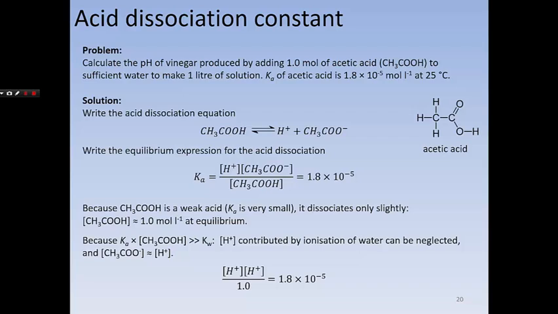Another point I would like to say is, for this equation, we actually only need one assumption, that is the second assumption listed on this slide. The equilibrium concentration of acid molecules can be calculated by subtracting the equilibrium concentration of hydrogen ions from the initial concentration of this acid, 1 mole per liter.